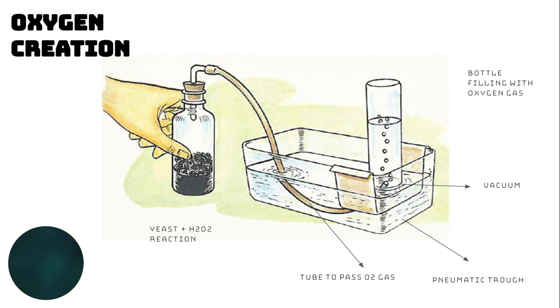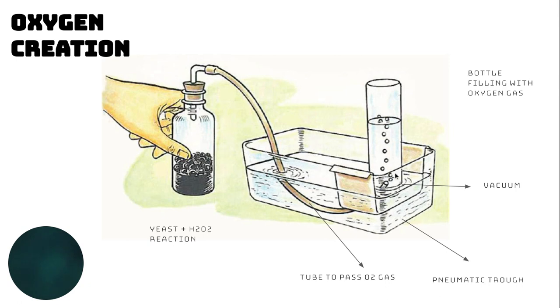After you put the yeast in, you quickly close the bottle and shake, and the yeast will catalyze the formation of the O2 gas, which then goes through this tube and into the trough. As soon as the water in the trough starts bubbling from the O2 being released, you know it's being produced. So you put the tube up through the bottom of the hole in the attachment that you have the vacuum over, and allow the O2 to replace the water.